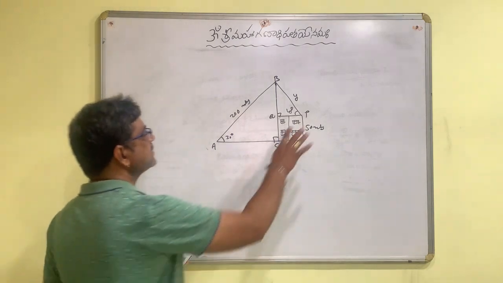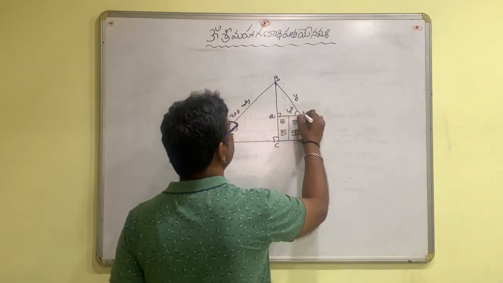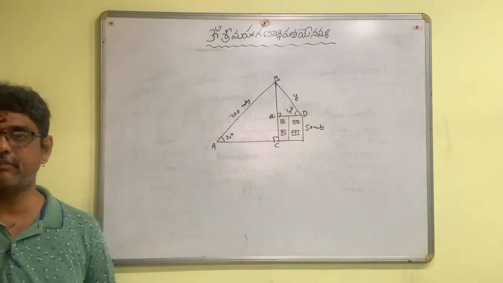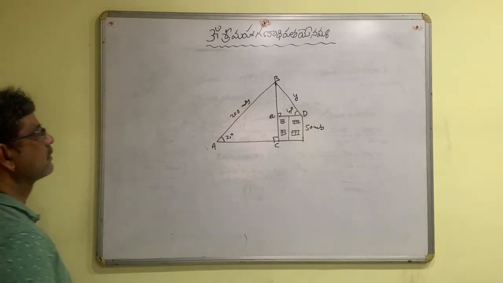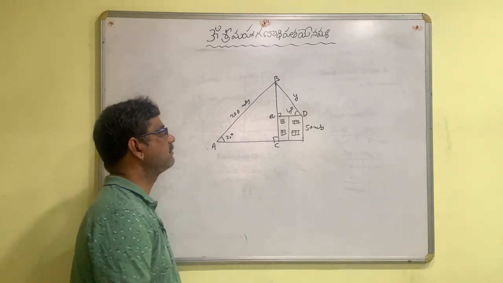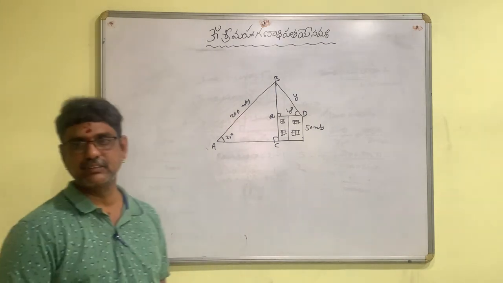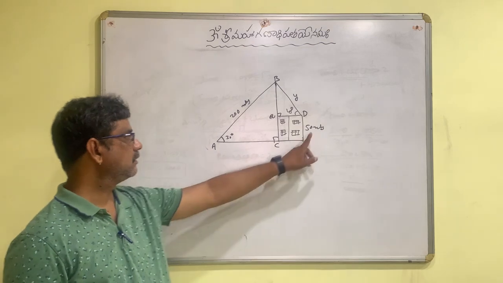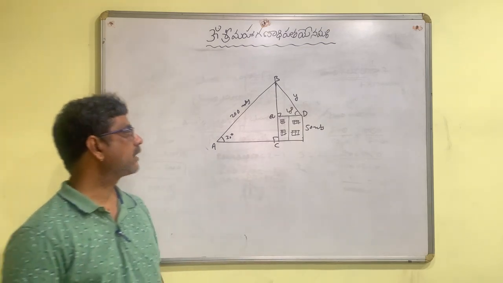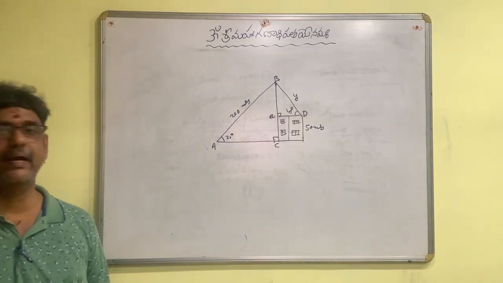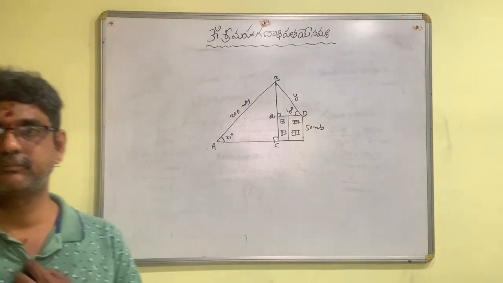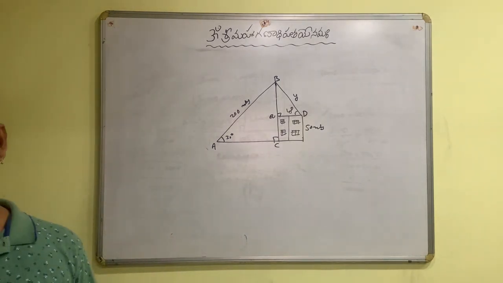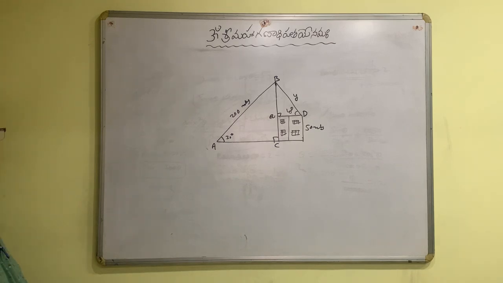Now Deepak is at D, standing on the roof of a building, and observes the same bird with an elevation of 45 degrees. The height of the building where Deepak is standing is 50 meters. We need to find out y, BD.